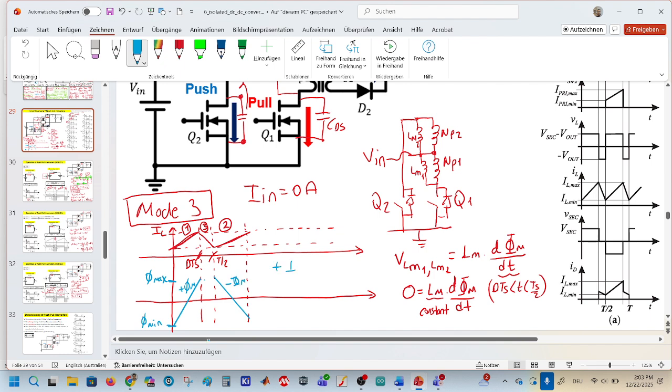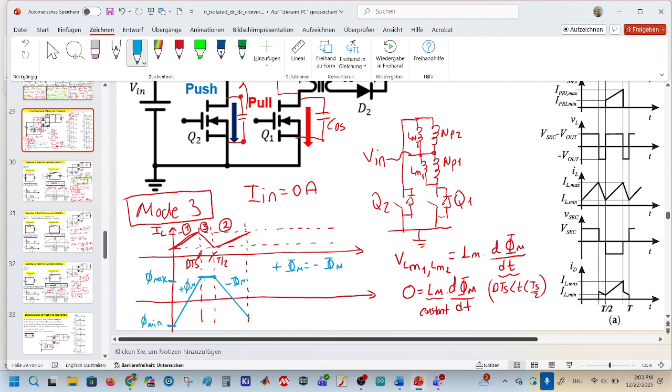That means the net change of flux should be zero. According to the formula, there will be no change of flux.